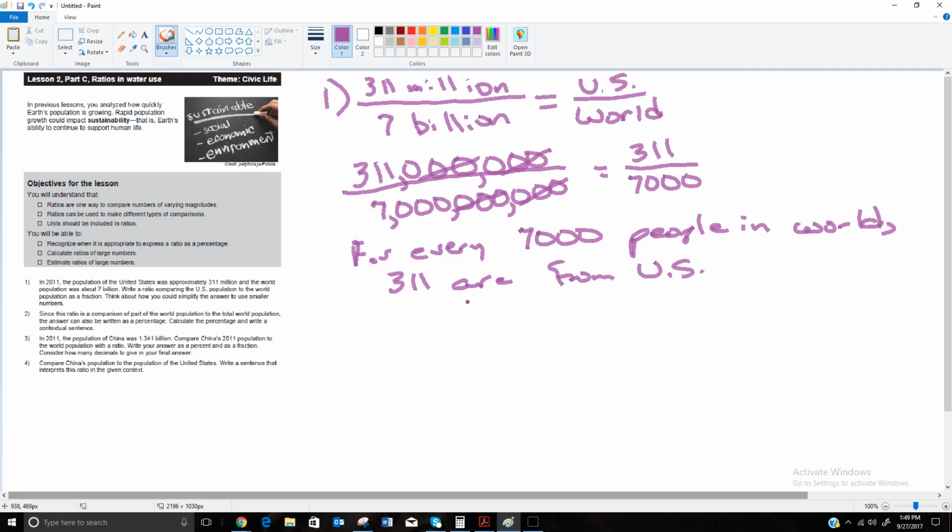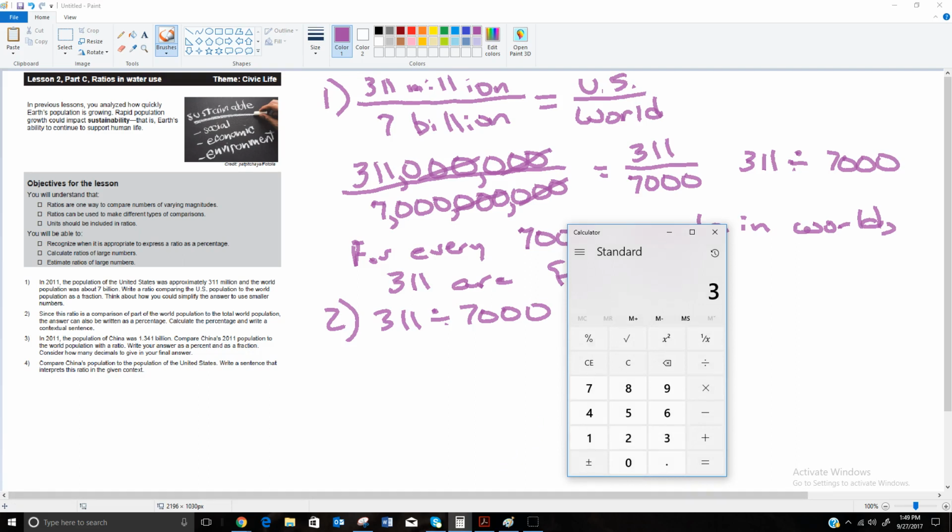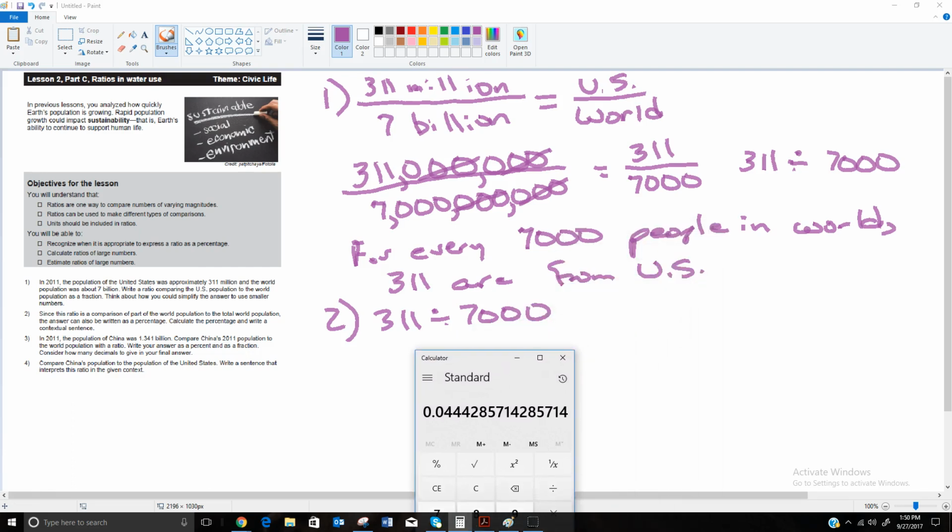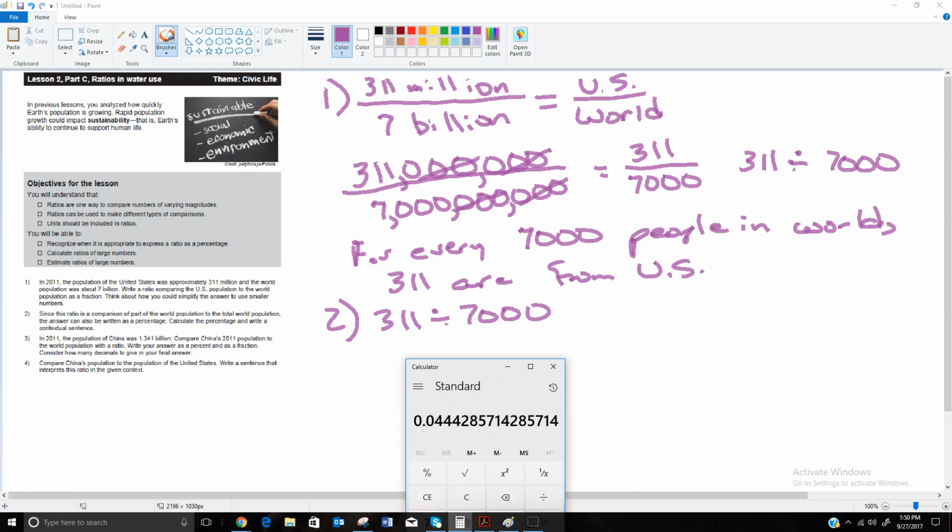And it says we want to write that as a percentage. And we haven't talked about this yet, but to calculate a percentage for this, all we have to do is take 311 and divide it by 7,000. So as a percentage, 311 divided by 7,000. Grab our calculator here. 311 divided by 7,000 is 0.0444285.